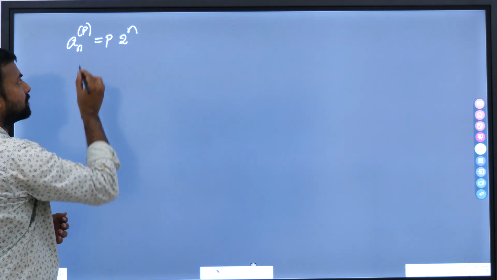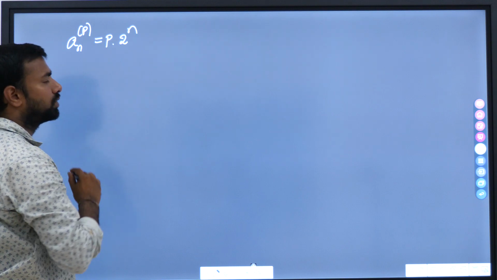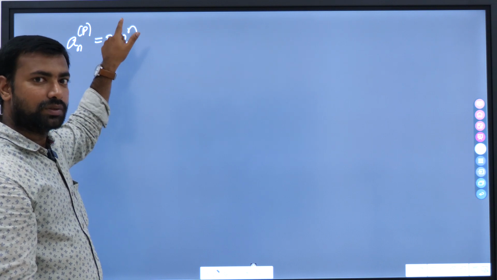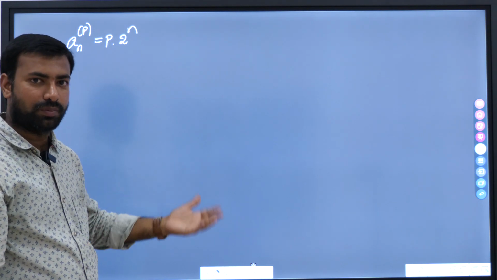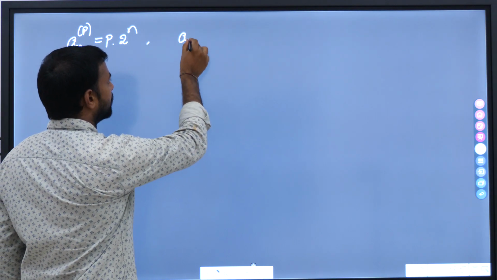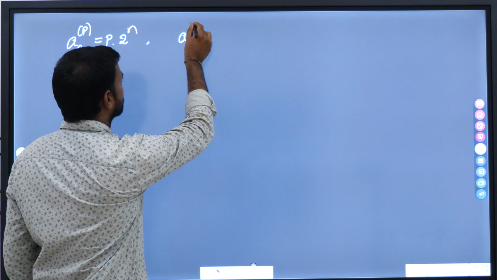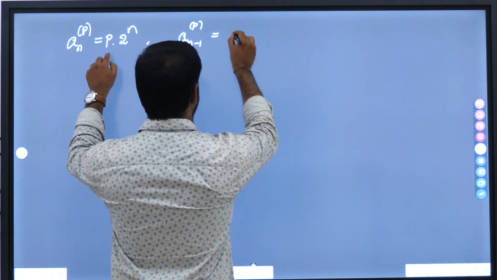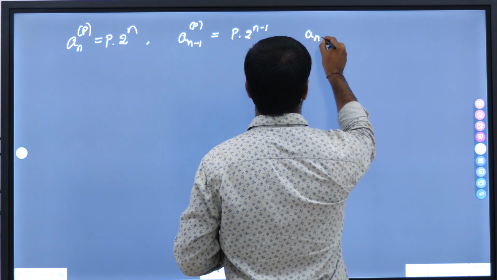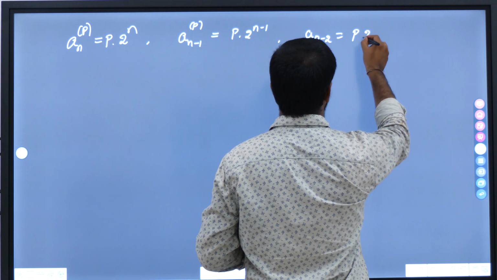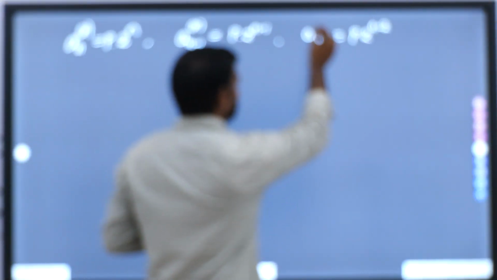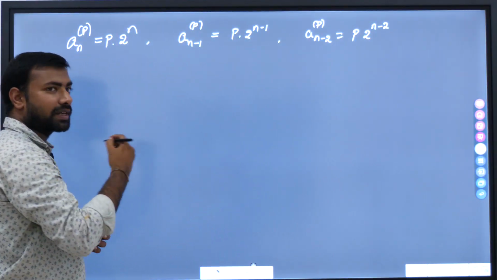Let me take that constant as p. So p into 2 power n. Okay, this is our guess, and we need to find this p so that it satisfies the given non-homogeneous equation. Okay, so for that what we have to do is we will find a_(n-1) of this, which is p into 2 power n minus 1, and a_(n-2), that is p into 2 power n minus 2. Now you substitute these in the given recurrence relation.